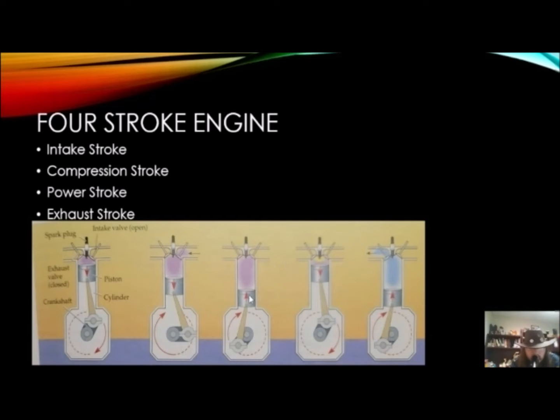As long as we get more energy in the power stroke than we lose in the compression stroke, we get a net positive gain in energy. Now, in an ideal world with ideal reactants, the products should only be water and CO2, but occasionally we have an incomplete combustion of fuel if there's not enough oxygen.